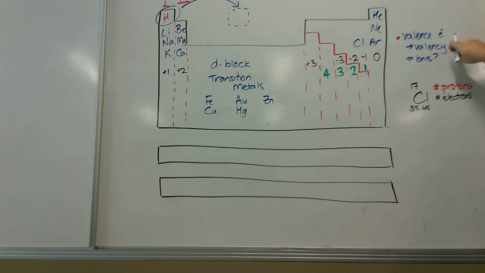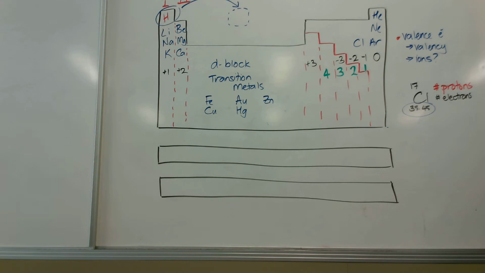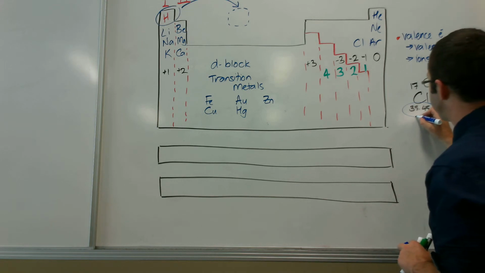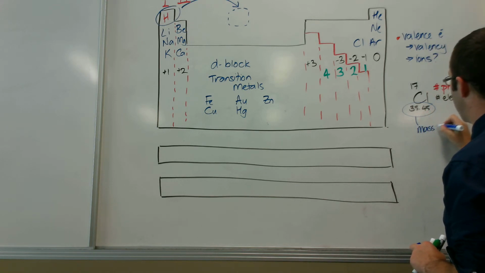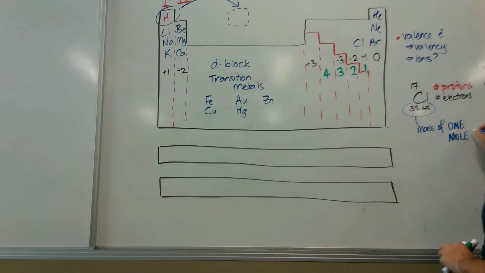Perfect. Okay, so I've got a lot of information from my periodic table. Not only do I have its valency, I also know how many electrons, so I can work out how they're arranged. Get to that in a minute. This number at the bottom is called the relative atomic mass, which you may not have met before. The relative atomic mass does not mean the number of protons plus the number of neutrons. What it means is, what is the mass of 1 mole of these atoms?